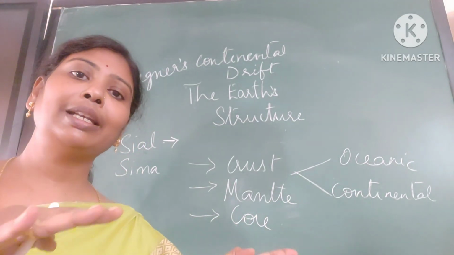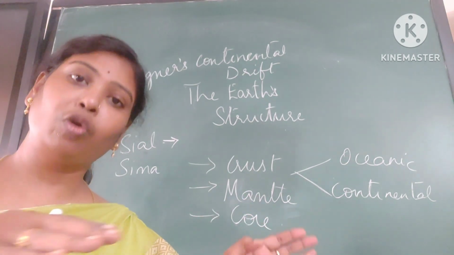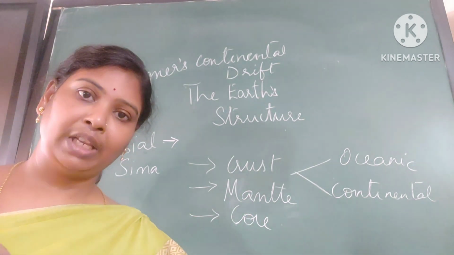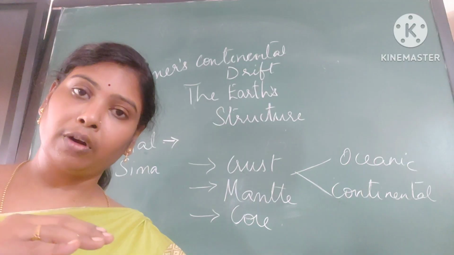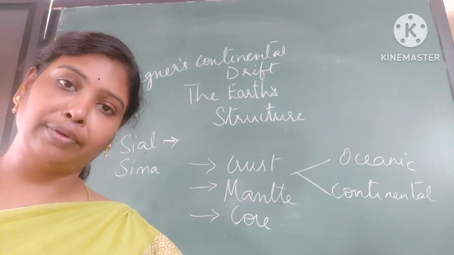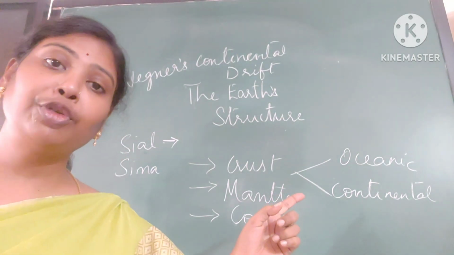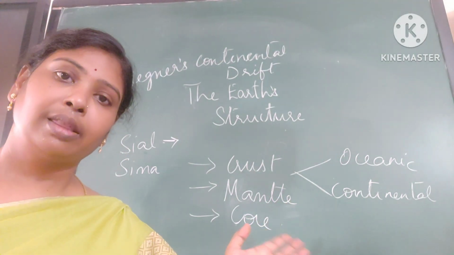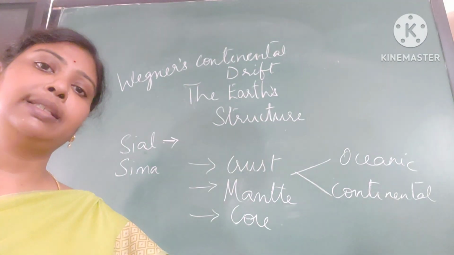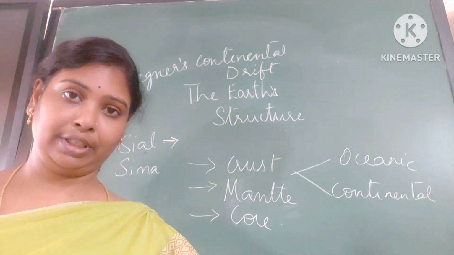Since continents keep on moving from one place to the other over the oceans, this movement of the continents is known as Wegener's continental drift theory.